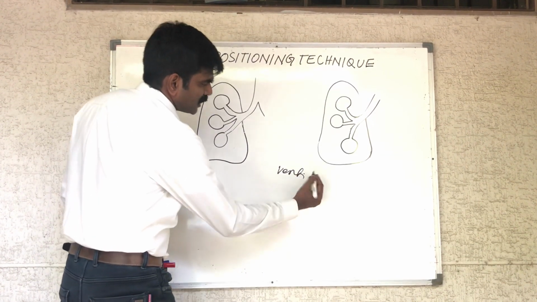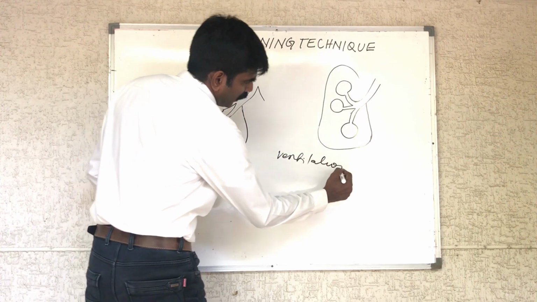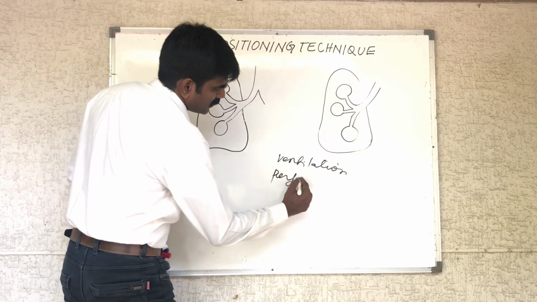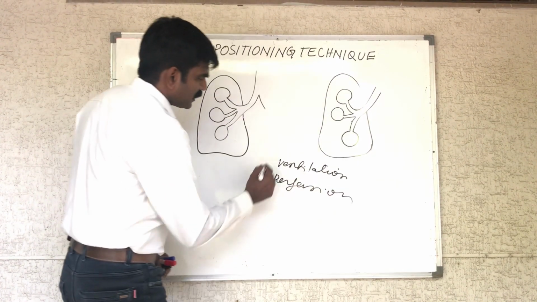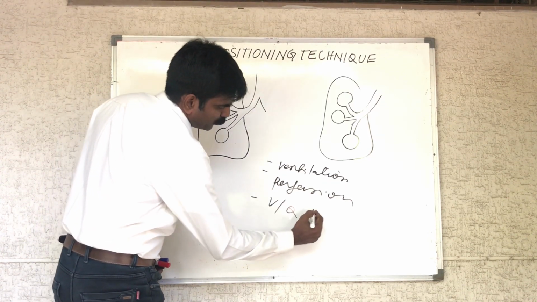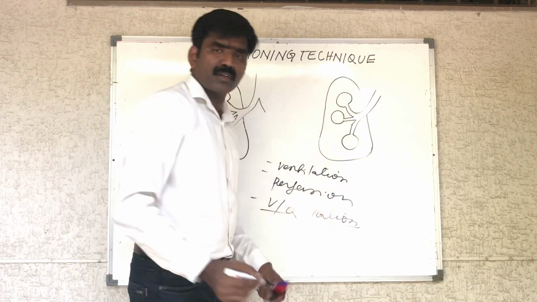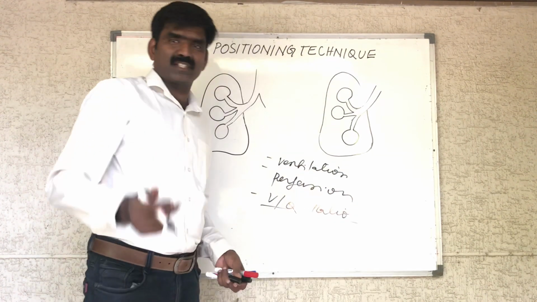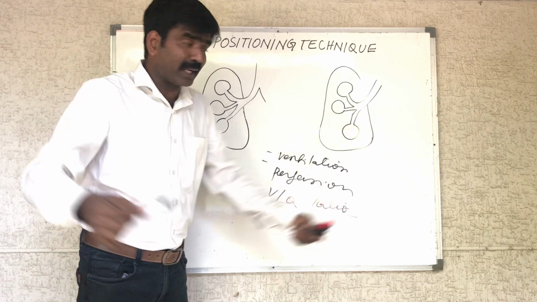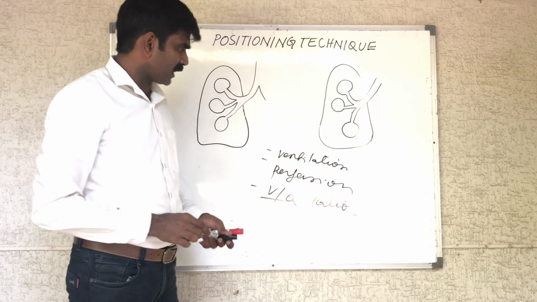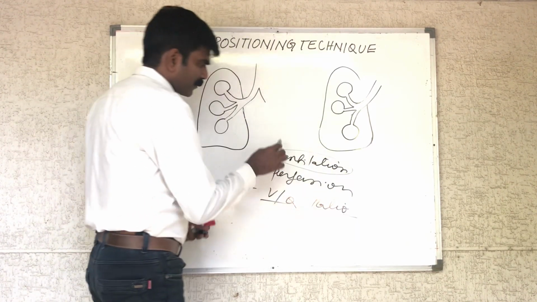First we will discuss what is ventilation, second what is perfusion, and third the ventilation perfusion ratio. This ventilation perfusion ratio is mismatched in the patient, which we have to correct by using this positioning technique. So first, what is ventilation?